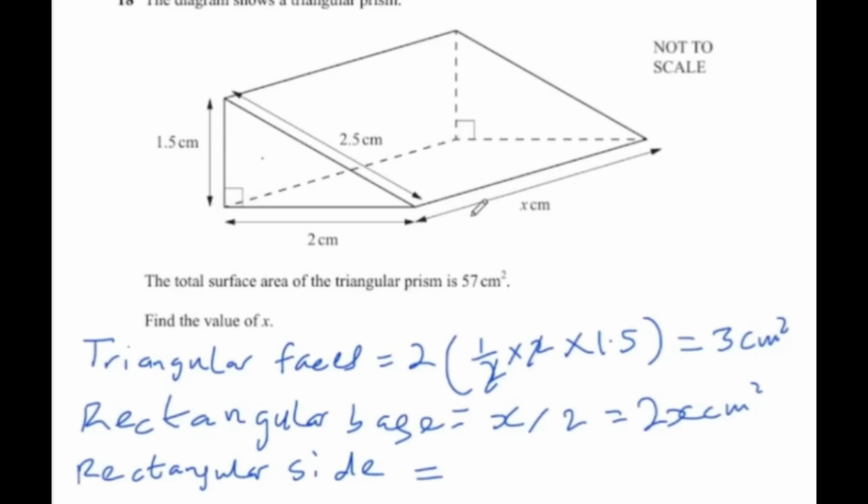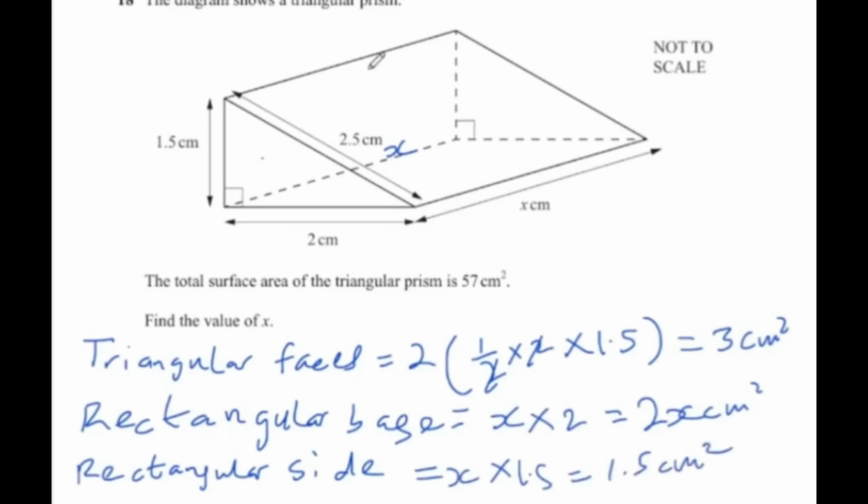No, that shouldn't be. Okay, that's the same length here. Here is still x. That will be x times 1.5. So x times 1.5 gives us 1.5x centimeters squared.